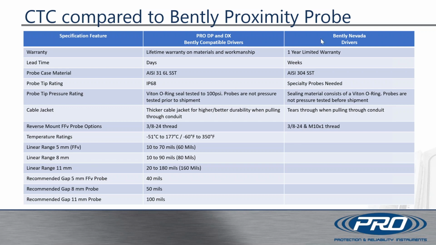The probes are not pressure tested prior to shipment. With Bentley Nevada, sealing material consists of Viton O-rings, and probes are not pressure tested before shipment. Our cable jacket is also much thicker than Bentley Nevada's.